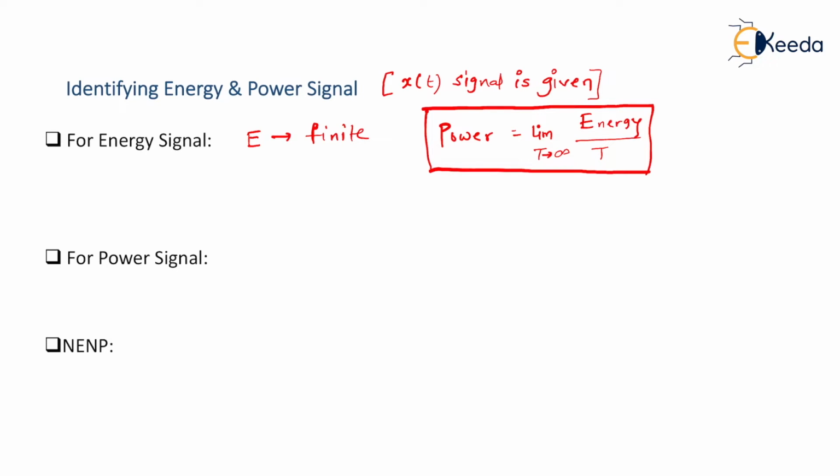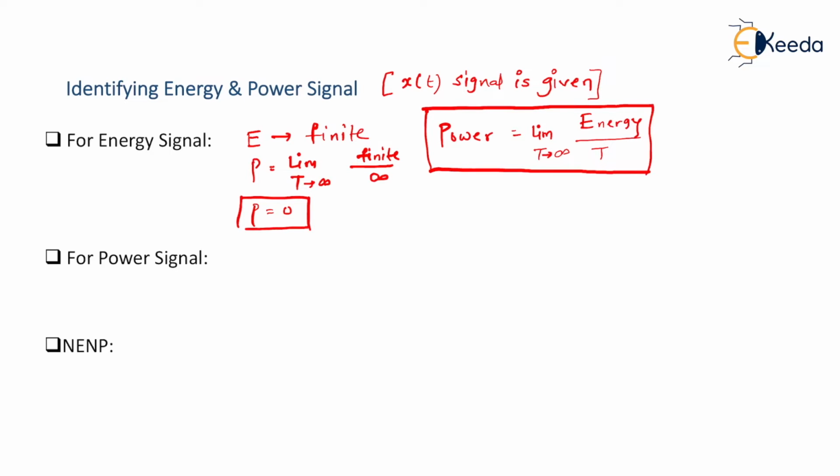Now from this relation, if the energy is finite, we'll try to identify what could be the power. In this case, power is equal to the limit T tending to infinity of energy by time. Energy is finite, so it is finite divided by T, where T is tending to infinity. So it is like this: finite upon infinity, and anything upon infinity is zero. Moral of the story, power will be zero.